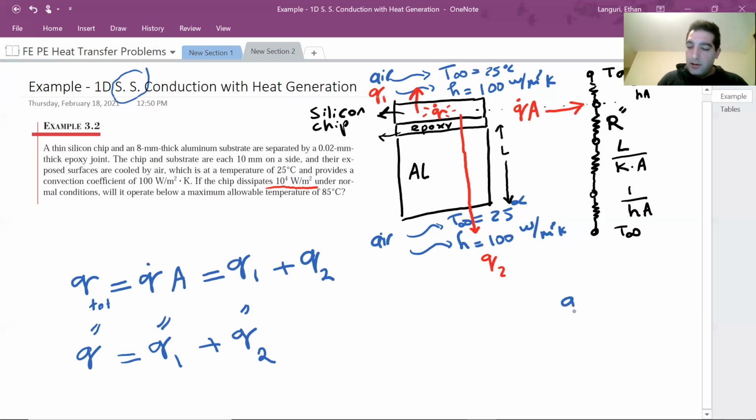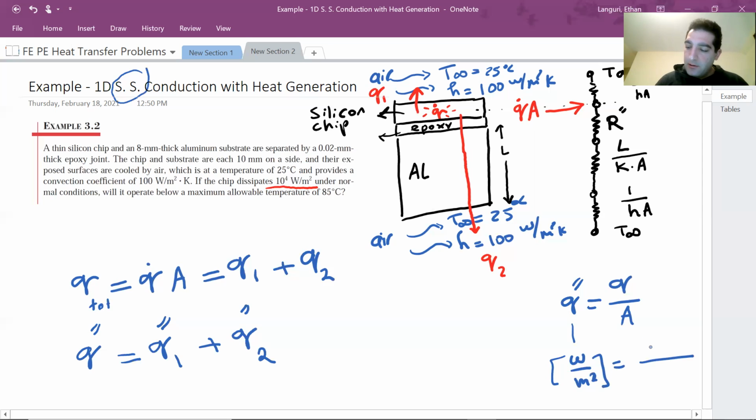By the way, heat flux is nothing but heat rate divided by area. And if you look at the unit of heat flux, it is watt per meter square. Unit of Q is watt, and unit of area is meter square. So it makes sense, right? Heat flux is nothing but heat divided by area.